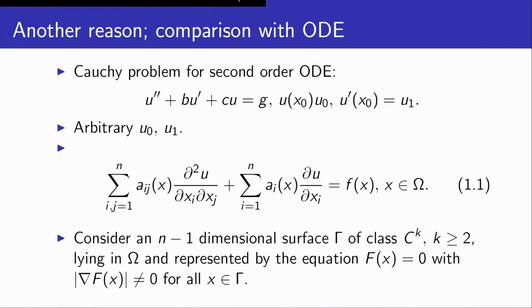Suppose it is represented by an equation of the form f(x) equal to 0 with grad f(x) not 0 for all x on that surface gamma. This condition just indicates that there is a well defined normal to the surface gamma at every point, and it is smooth. That is why you assume gamma to be of class C k.